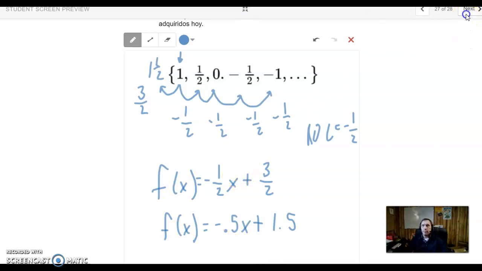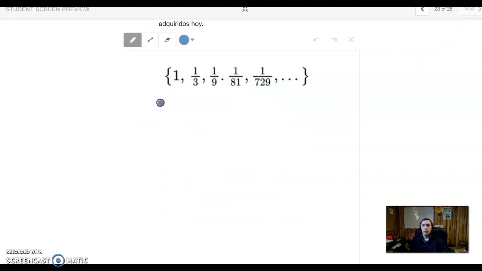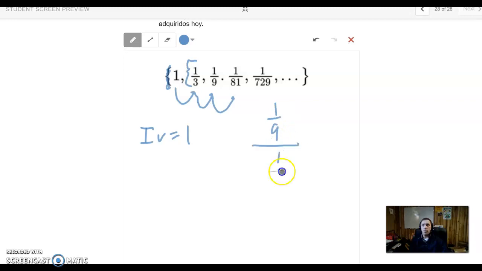All right, let's finish this off. Here, we're starting at 1. We're going 1/3, 1/9, 1/81. And so I made this problem, and I made a mistake. This should have been our first term. Let's imagine our initial value is 1. We're going by a common ratio of 1/3, because 1/9 divided by 1/3 you can do in your calculator, you're going to get 1/3.